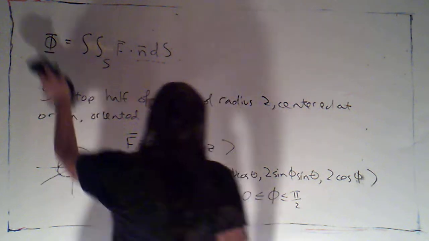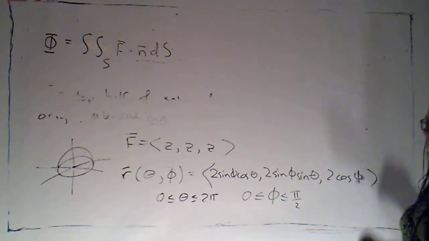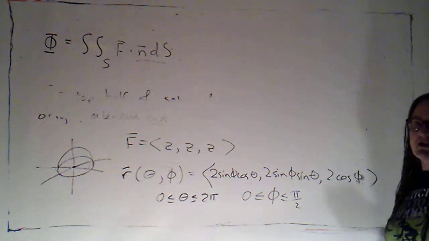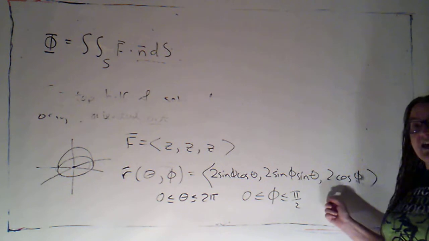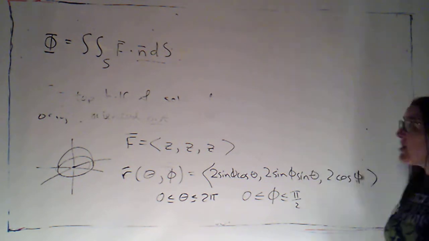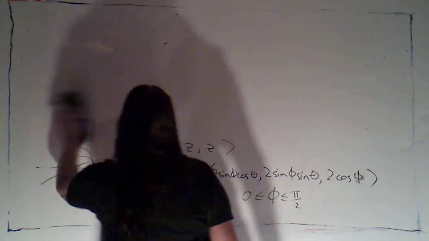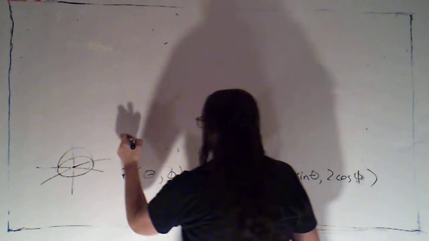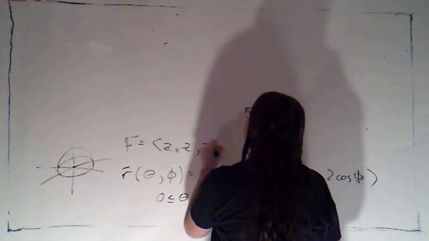Okay, so I've come up with a parametrization. Now, I don't know, I'm actually lying because I do, I don't know whether this orientation is outward or inward, okay? I just know that's my go-to parametrization for a sphere, okay? So, let's keep up our vector field. I'm going to have to check.